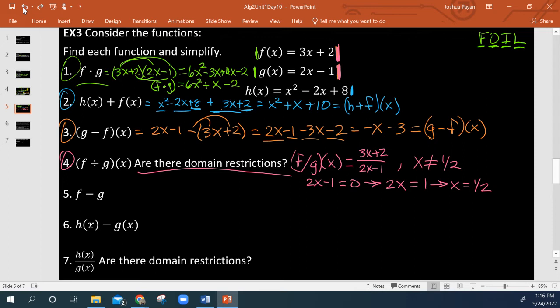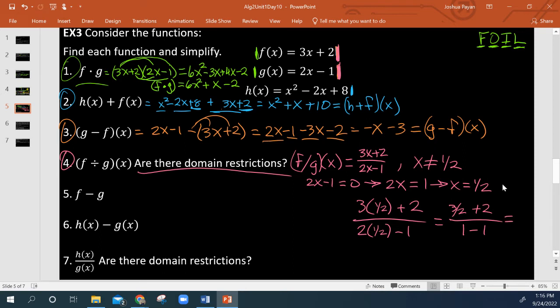If I go ahead and plug that in, I'll do it real quick just to prove a point. So 3 times 1/2 plus 2 over 2 times 1/2 minus 1. So 3 times 1/2, that's 3 over 2, plus 2. All of that over 2 times 1/2, well, that would just be 1, and we have 1 minus 1. So it doesn't matter what's going on here on top.